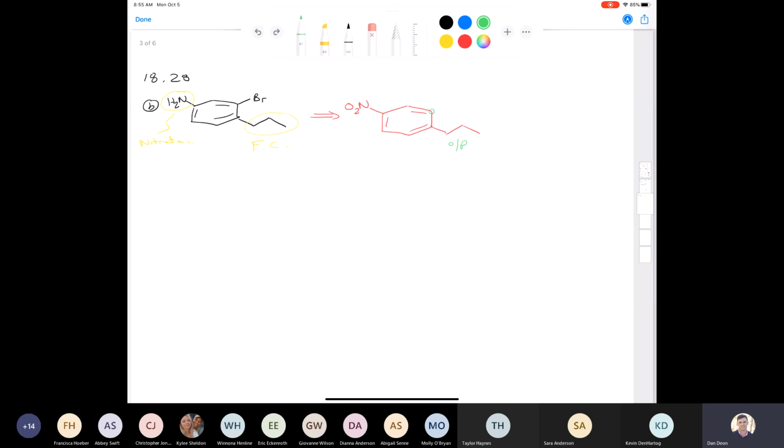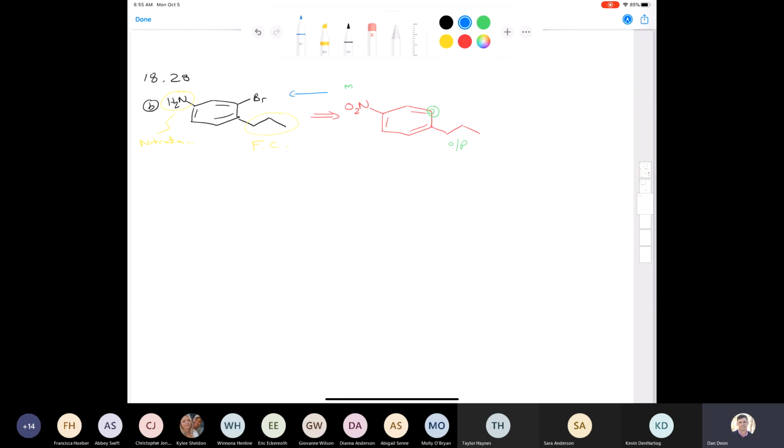And the nitro is a meta-director, which will also direct to this position. So if we were able to make that molecule that I have drawn in red and treat that with bromine and iron tribromide, we would end up with the bromine, and then we would just have to reduce the nitro in the last step.